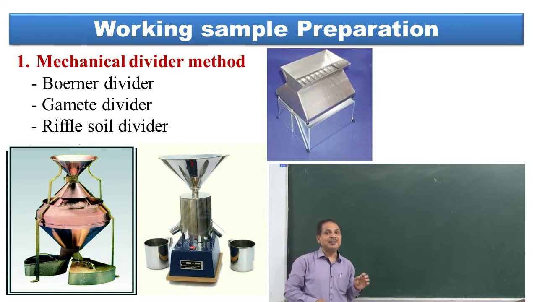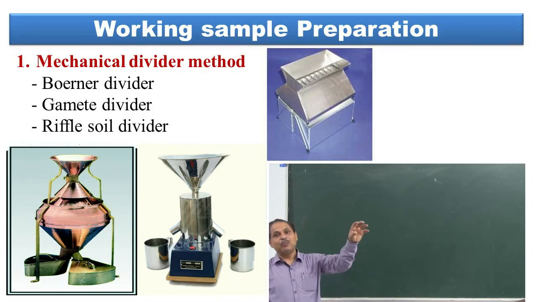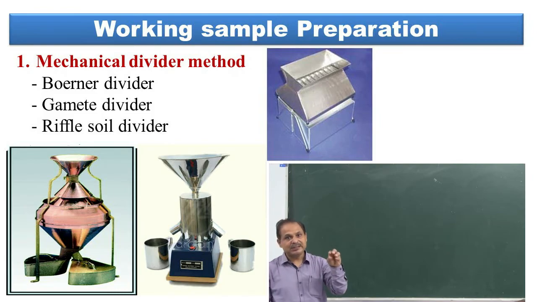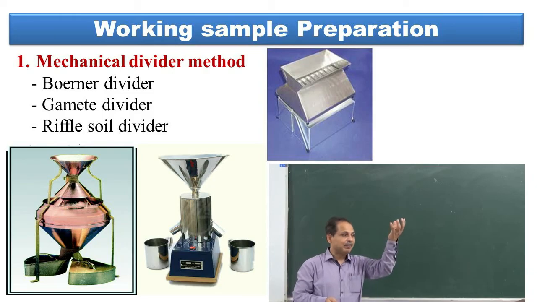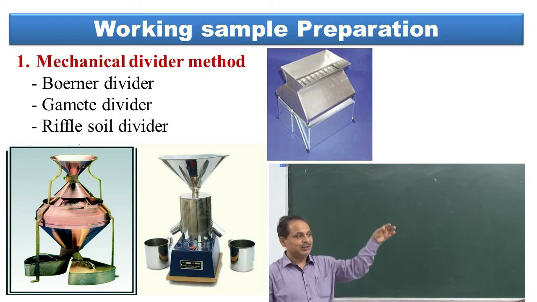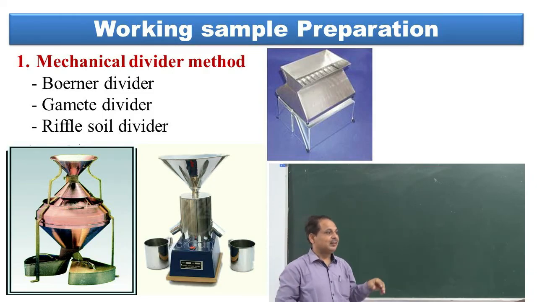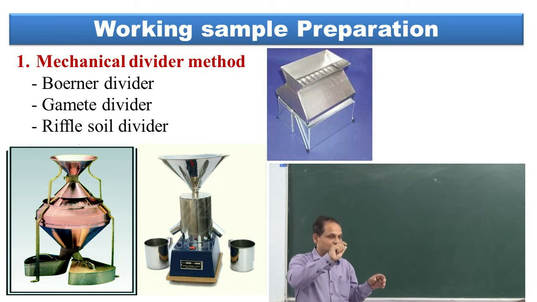In case of the gamete divider, as in case of the Boyer divider we discussed that it works on the conical force, but here it works on the centrifugal force. Similarly, here the upper part is the hopper, the seed hopper, where we pour the seeds, and then we open the knob and switch on the motor.